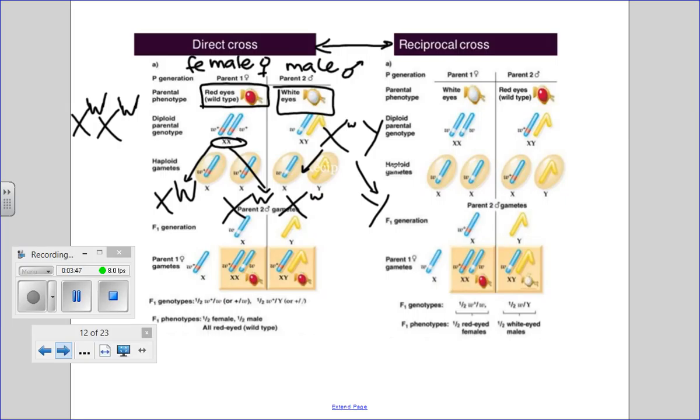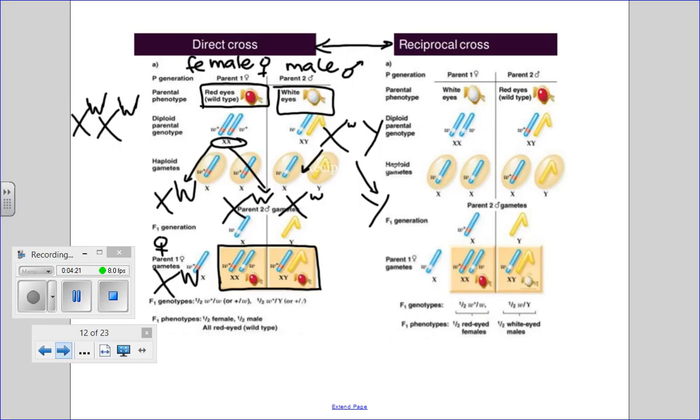So when we do the cross of these 2 parents, which will be represented over here, the female only makes 1 type of gamete, an X with a wild type allele. Now, I could make a second row in my Punnett square, but I don't need to. If the parent can make 2 identical gametes, you don't have to show it twice. And we saw that yesterday in our practice question where you didn't have to use all of the squares.